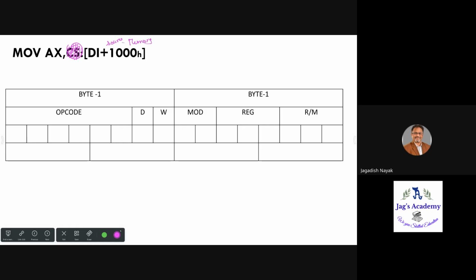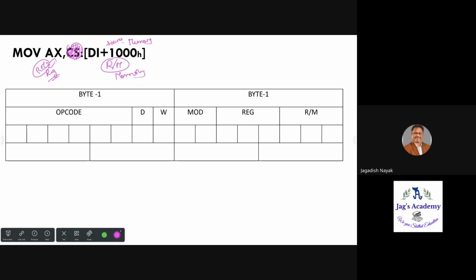What is destination? Destination is going to be a register. So your register will be filled using this. Now data is going from the memory to the register. Yes or no? So 16-bit data is going from memory to register. Yes or no? Okay.